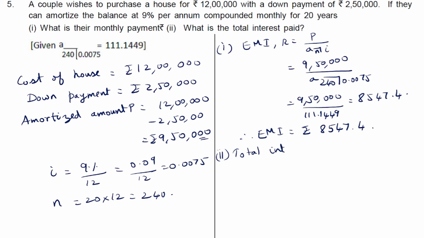Now let us find the total interest paid. It will be N into R minus P. So N is 240, R is 8,547.4 minus P is 9,50,000. 240 into 8,547.4 minus 9,50,000.